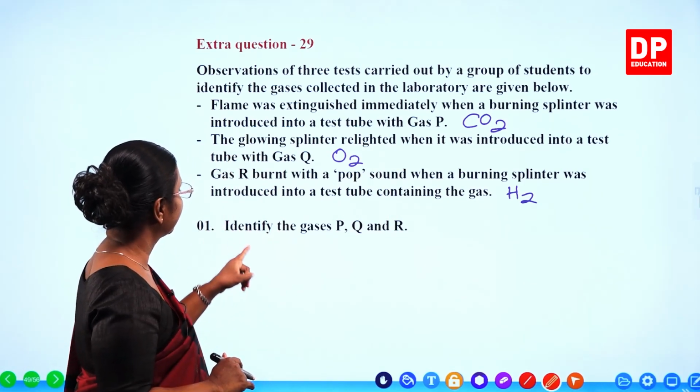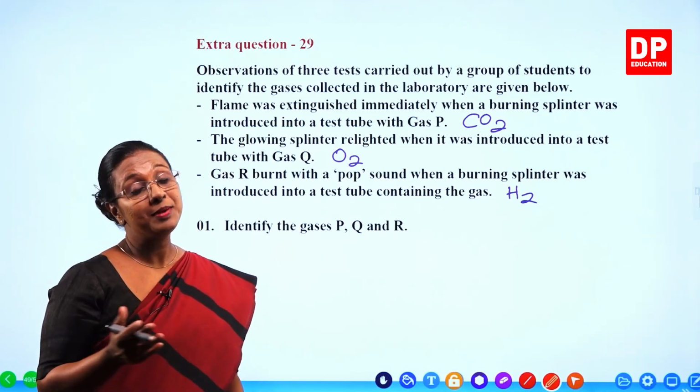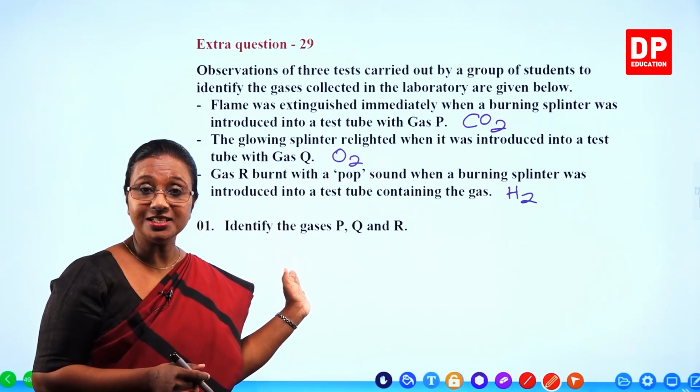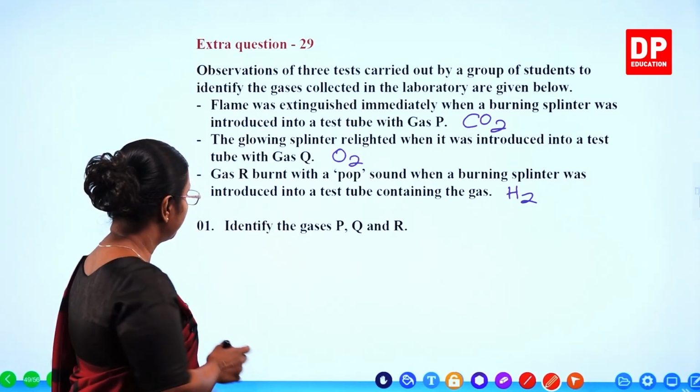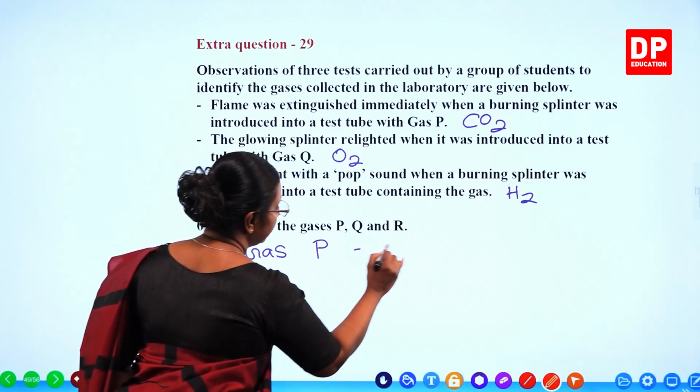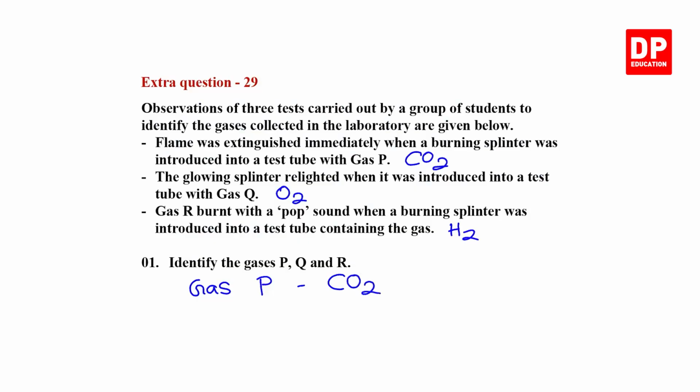So we have identified the three gases. The first question, identify the gases P, Q and R. So while you read, if you identify the gases, it's easy to answer the questions. So here, gas, first one P is carbon dioxide, or you can write it in words as carbon dioxide.